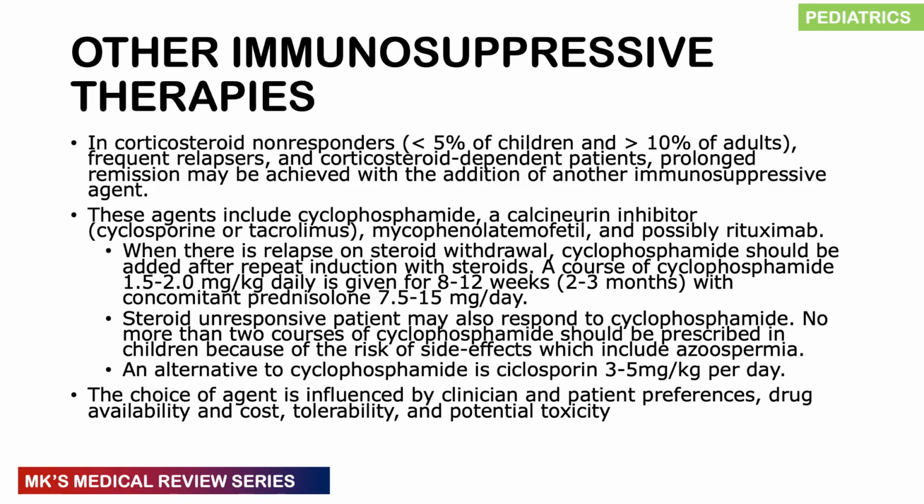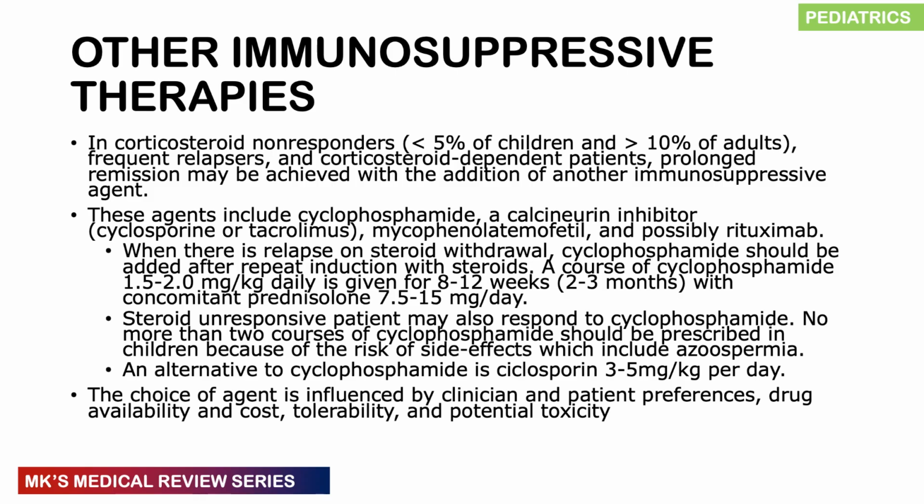For those that are steroid resistant, about less than 5% of the children and even more than 10% of the adults, generally these are the ones that are going to be frequent relapsers. And the corticosteroid dependent patients, you want to achieve prolonged remission by giving them another immunosuppressive agent. You can give them other drugs like cyclophosphamide, cyclosporin or tacrolimus, mycophenolate, and possibly even rituximab.